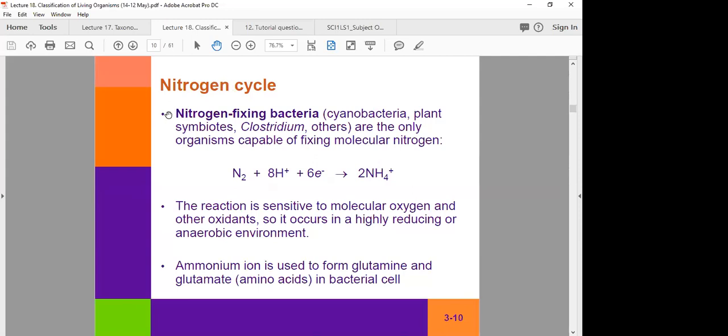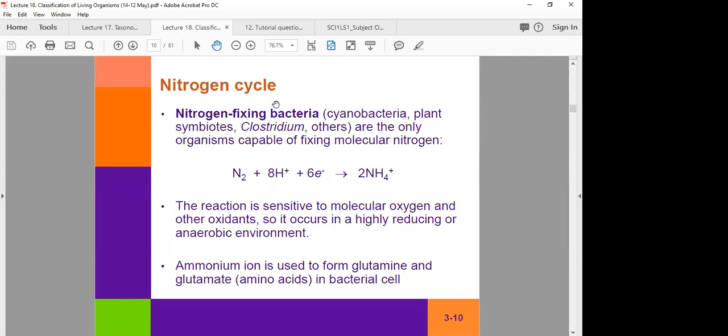And this involves a group of bacteria called nitrogen-fixing bacteria. This includes the photosynthetic cyanobacteria, a group of bacteria that form very close relationships with plants, and they're called plant symbionts, different species belonging to the genus Clostridium and others.